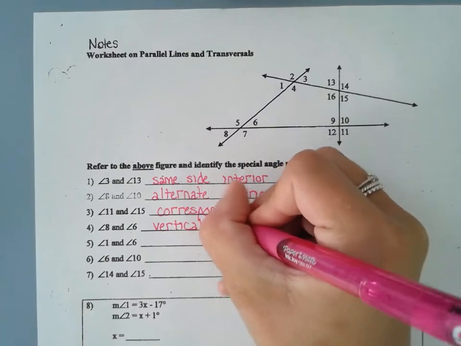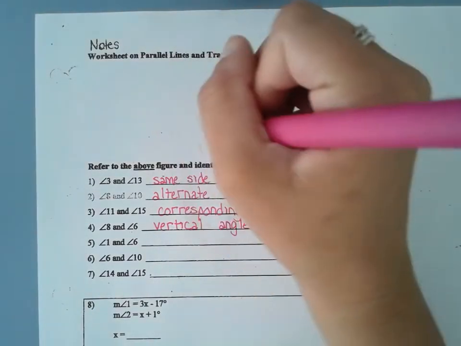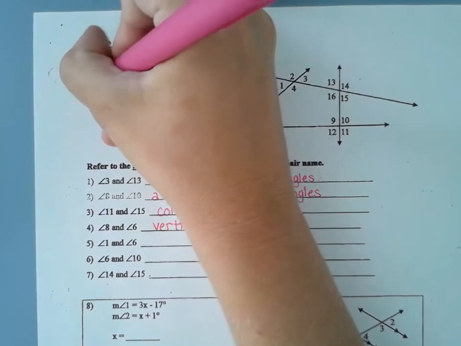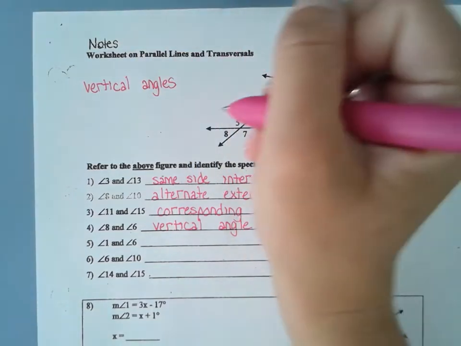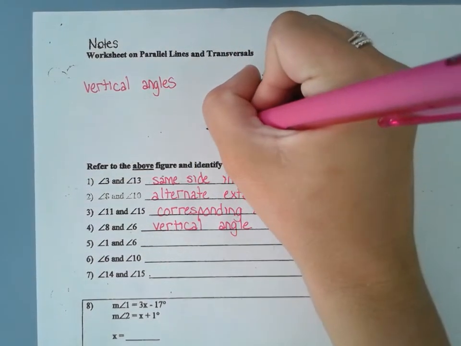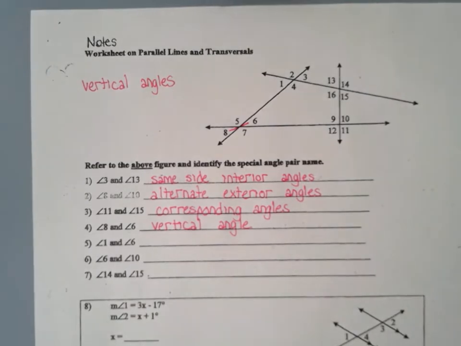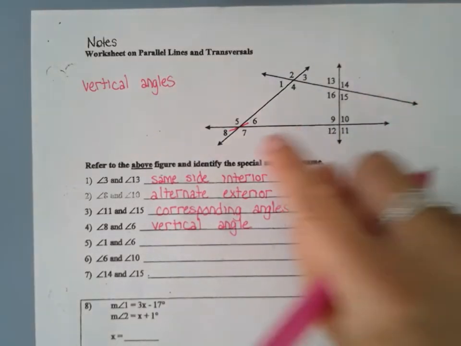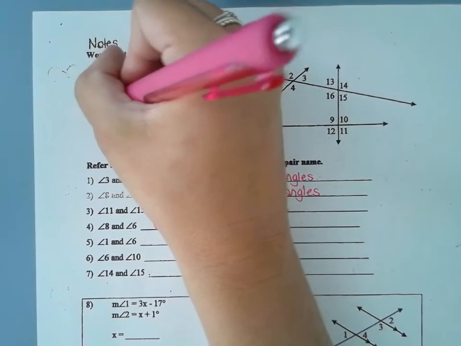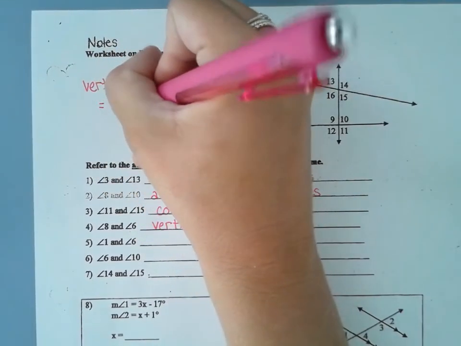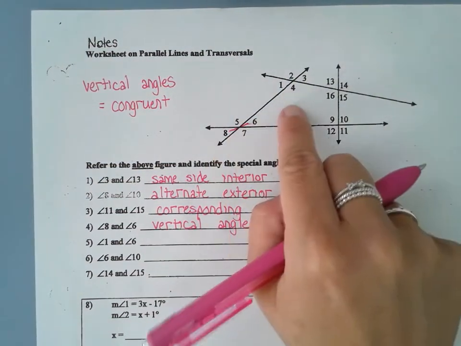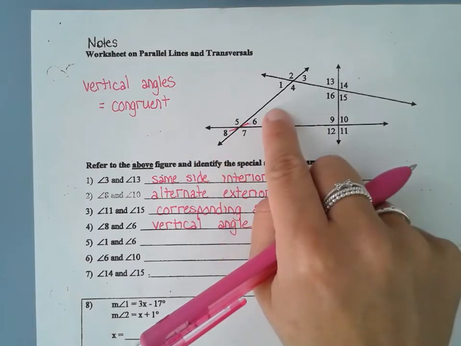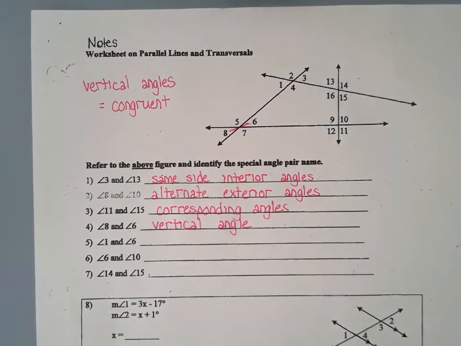So a vertical angle is where if you were to draw a line from one angle to another, those angles are congruent. 8 and 6, these are congruent. And a vertical angle is where it shares the same point and they're opposite from each other. So you could draw a line from one to the other here. These are vertical angles. We didn't really talk about that in our notes so far.